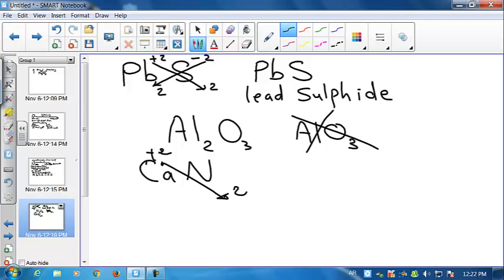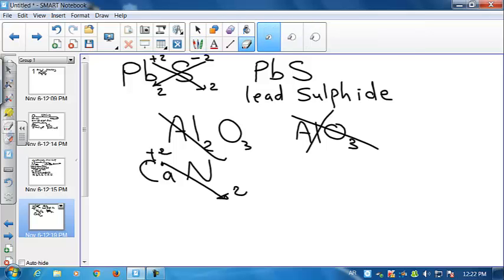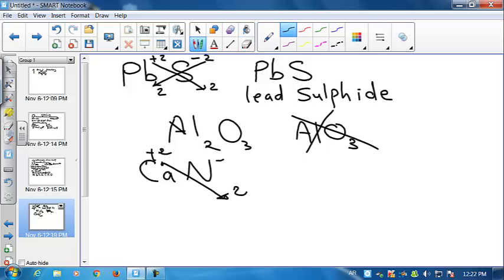Nitrogen, group 15, is 2, 5, so it has 5 electrons in the outermost shell. It needs 3 electrons, so it has a charge of negative 3, okay?